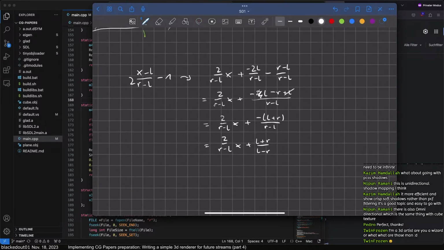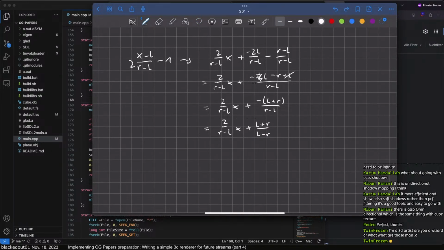But that's what we would put into the matrix.